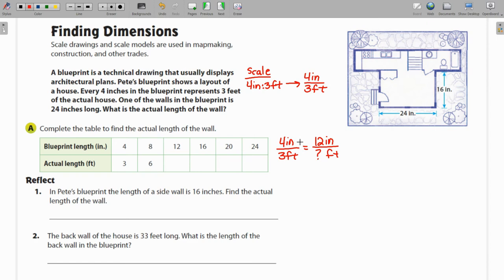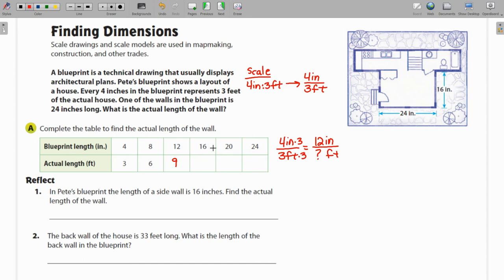So if you look at this, in order to convert 4 inches into 12 inches, I would need to multiply this 4 by 3. If you multiply the numerator of a fraction by 3, you must multiply the denominator by the same thing. So 3 feet times 3 is going to give me 9 feet. And so for every 12 inches of blueprint length, I'm going to have 9 feet of actual length of this house.